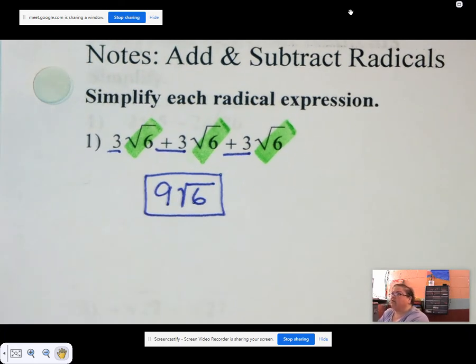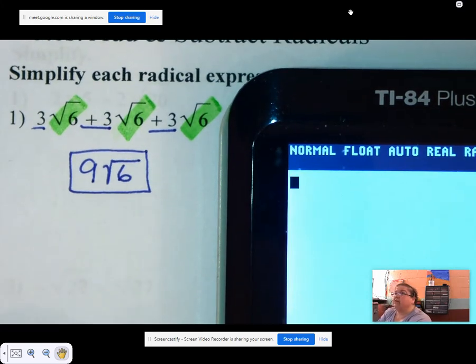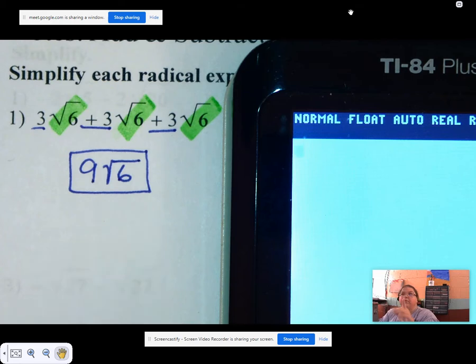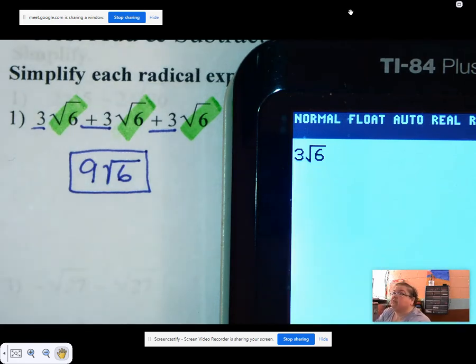Now, I want to always, when I can, check to make sure I have the correct answer. Remember what I said yesterday about when we have coefficients, we're just going to type in the problem, type in our answer, and make sure that our decimals match exactly. So let's do that now. 3 root 6. Remember, I've got this flashing arrow. It tells me to arrow out when I'm done. So make sure you arrow to the right before you keep going. Otherwise, it's all under the same radical.